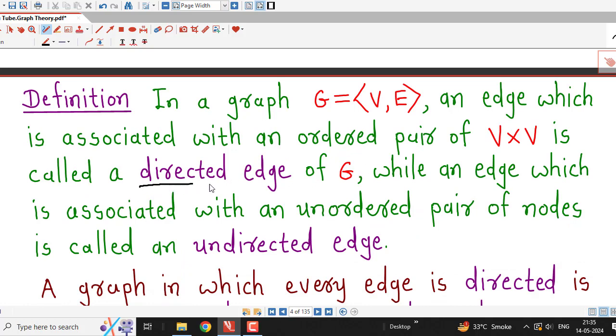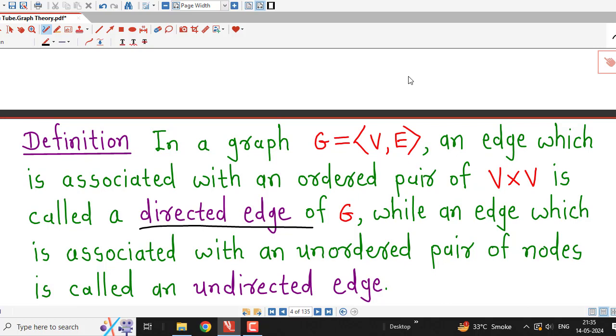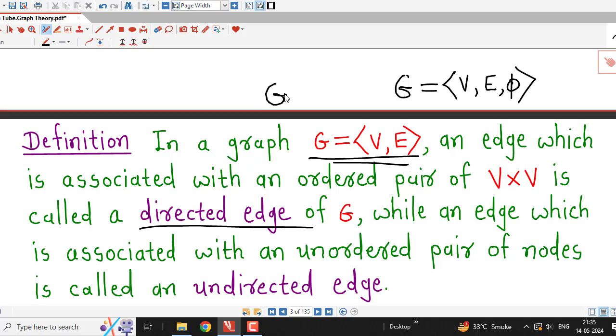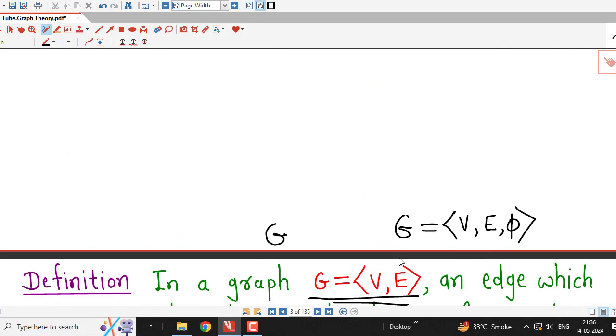Similarly, as I discussed, we can define directed and undirected edges. In a graph G = (V, E), instead of denoting our graph by the notation (V, E, phi), we can simply use the notation capital G also. In a graph G = (V, E), an edge which is associated with an ordered pair of V cross V is called a directed edge of G, while an edge which is associated with an unordered pair of nodes is called an undirected edge.